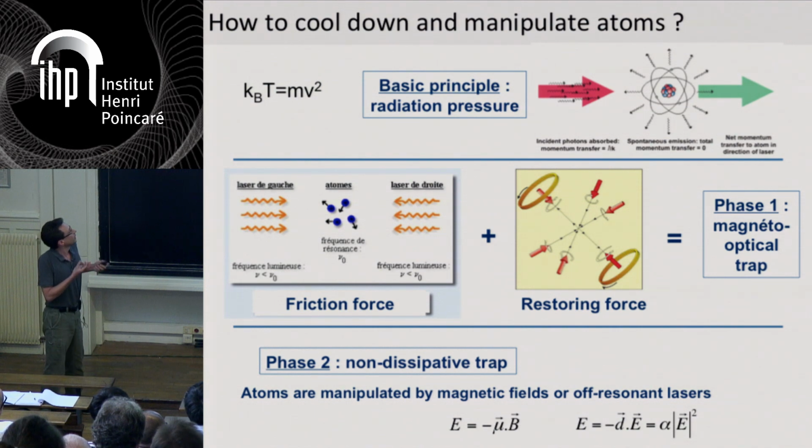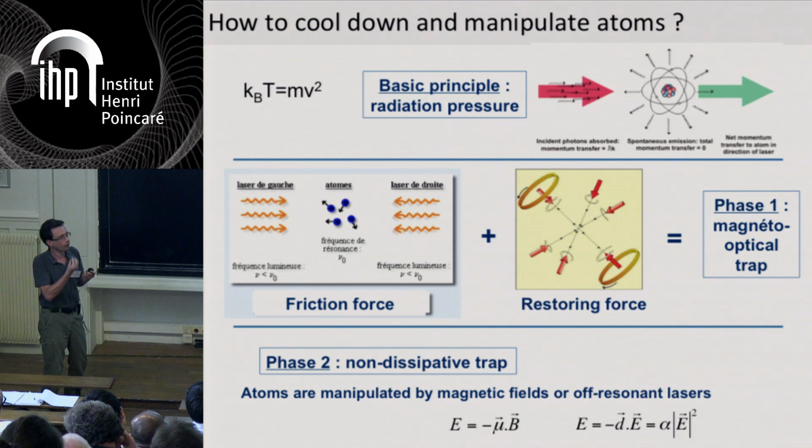So basically, one has to recall that in this context, the temperature of the atoms is related to the average quadratic velocity of the atoms. So by cooling them, we kind of make the quadratic average velocity very close to 0. And the basic principle to do this is first, you have to understand how to create a force on the atom.